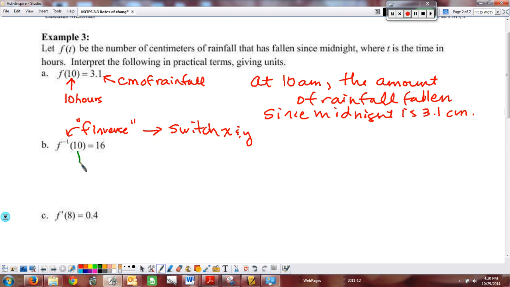So now when I'm looking at this 10, even though these look very similar to each other, you'll have to recognize, okay, wait a minute. The 10 here used to be the output over on the quantity function. So the 10 here is referring to 10 centimeters of rainfall. And the 16 is now going to be the 16 hours.